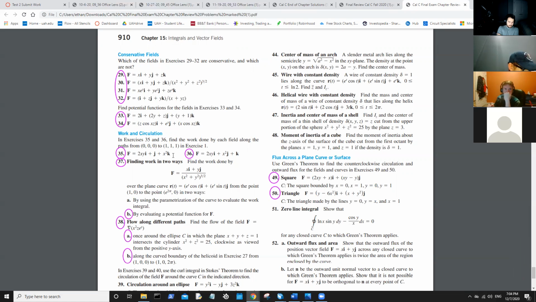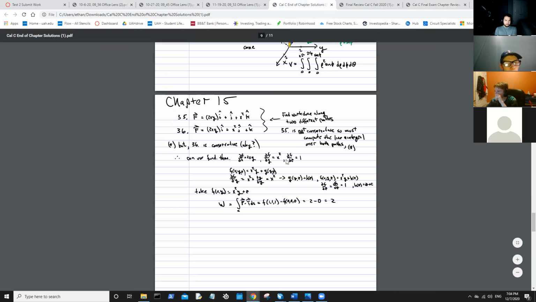No, we can't have that. Wait, what? 35 is not conservative, so we actually can't do it that way. I just realized. Wait, but if we go back to the solution, he didn't even do 35. Yeah, he did.